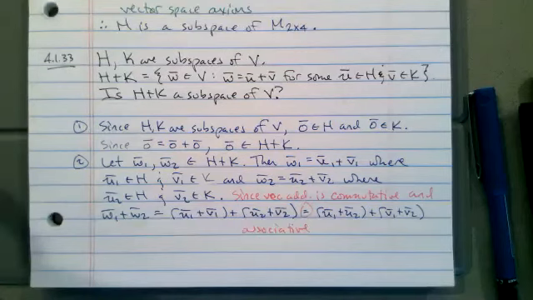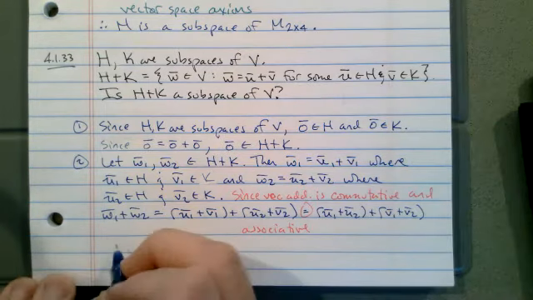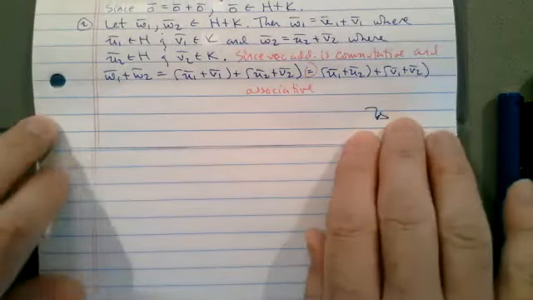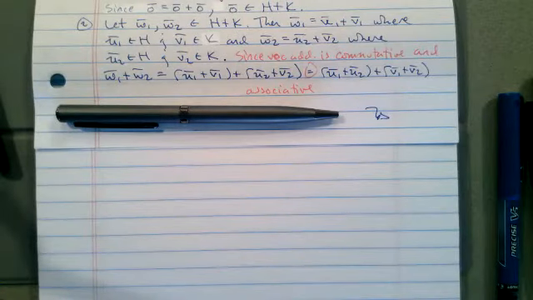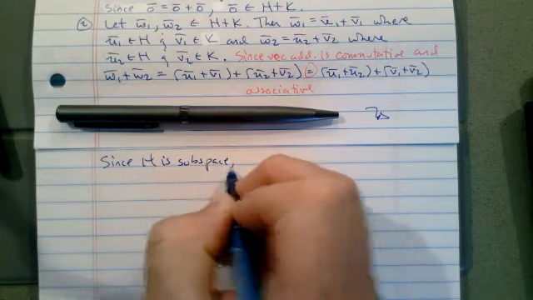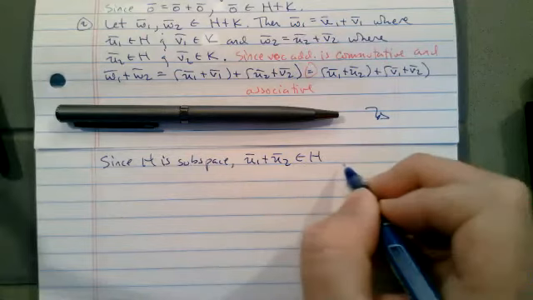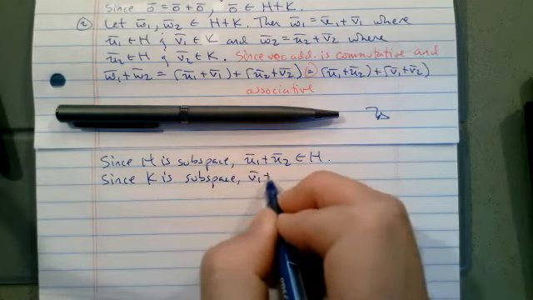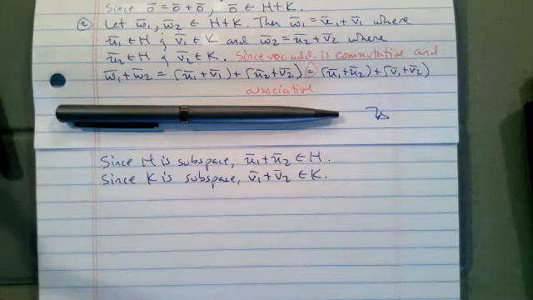So since H is a subspace, U1 plus U2 is in H. Also, since K is a subspace, V1 plus V2 is in K. To be a subspace, you must be closed under vector addition.